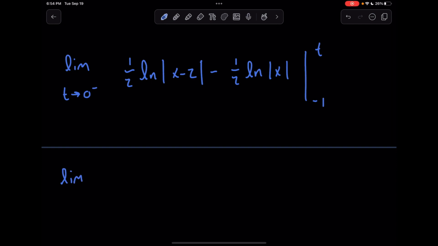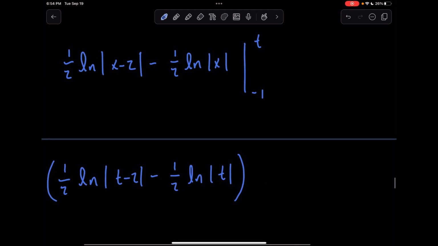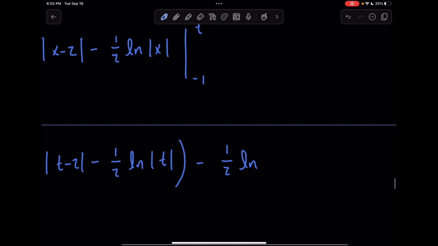So now this will become the limit as t approaches 0 from the left, 1/2 ln absolute value of t minus 2 minus 1/2 ln absolute value of t, minus 1/2 ln absolute value of -1 minus 2, which is -3, and the absolute value of that is just 3, minus 1/2 ln absolute value of -1, which is just 0, so that whole term is just 0.